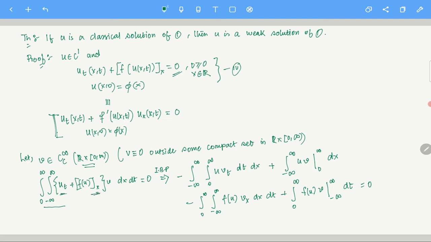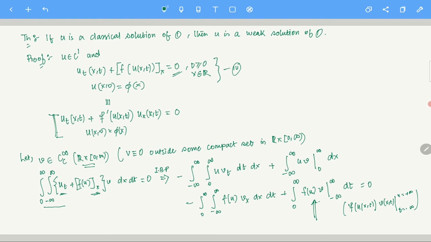Clear? Once I do that, let's understand what is happening here. If you break this up, this particular term will look like f of u of (x,t) times v of (x,t), evaluated from x equals minus infinity to x equals plus infinity, right? Now, I don't know what u does at infinity.